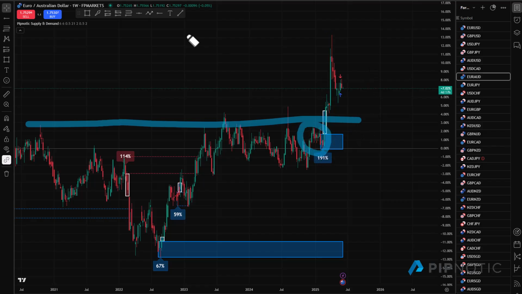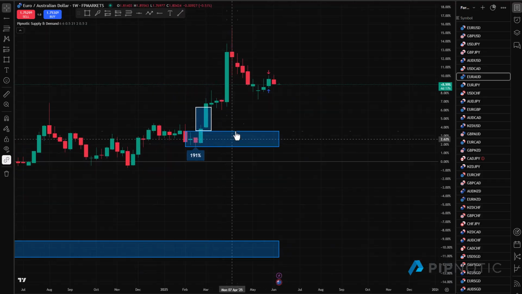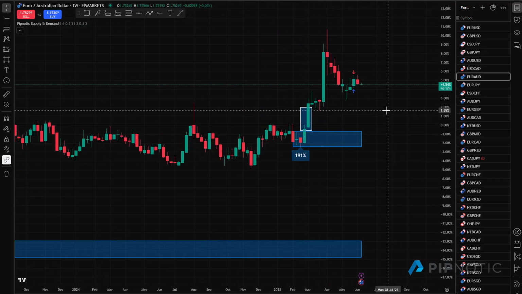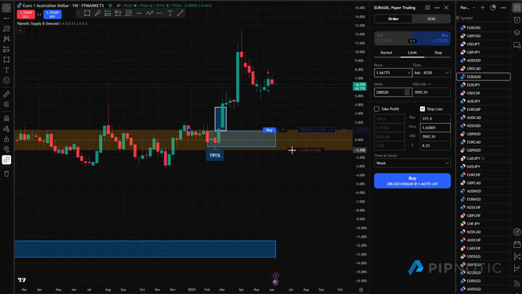So this is where you would get in. This is where your entry would be. Let me remove these. Okay, so this would be a super interesting spot right there. So I'm going to do a buy right around here. Stops below.